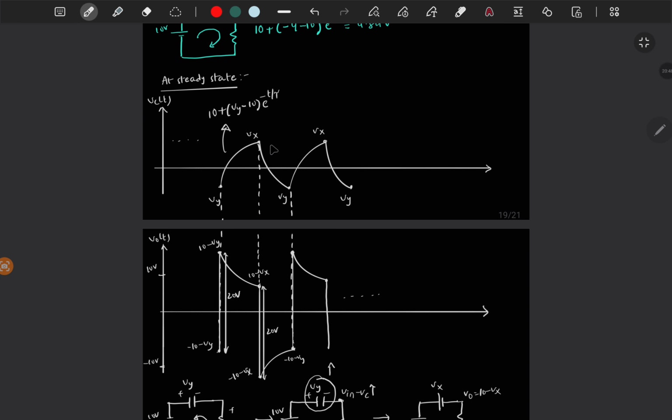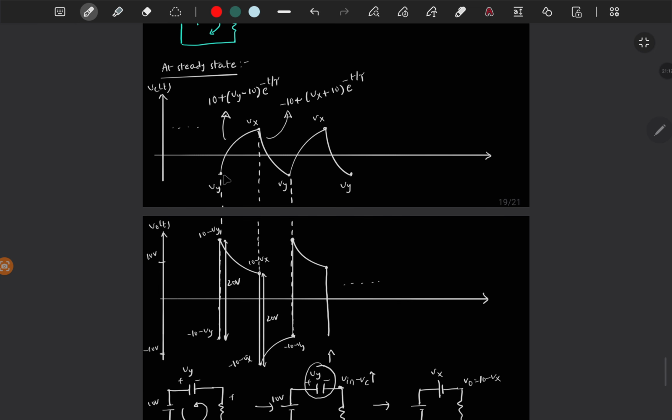That is this expression. Now the capacitor starts charging towards minus 10. So the final value should be minus 10. Final value plus initial value is still Vx. Initial value minus final value times e power minus t by tau. So that is this expression.